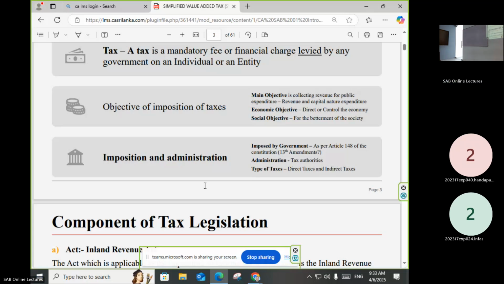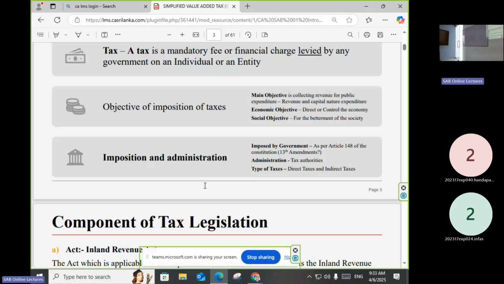Right? Okay. So, the composition of the Inland Revenue Department, because we are dealing with it, as the income tax law is executed by the Inland Revenue Department, right? Its head is the Commissioner General of Inland Revenue, right?